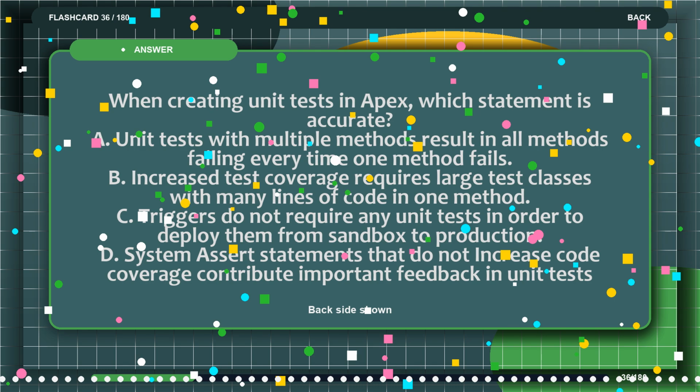B. Increased test coverage requires large test classes with many lines of code in one method. C. Triggers do not require any unit tests in order to deploy them from sandbox to production. D. System assert statements that do not increase code coverage contribute important feedback in unit tests.